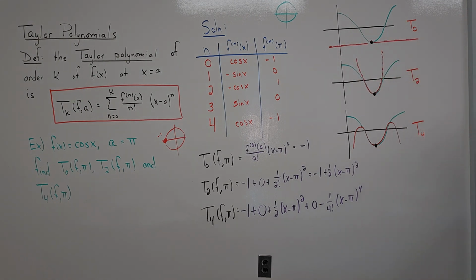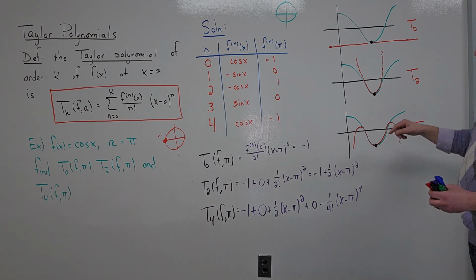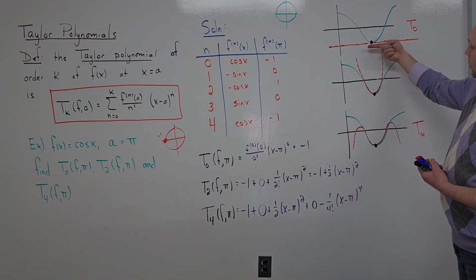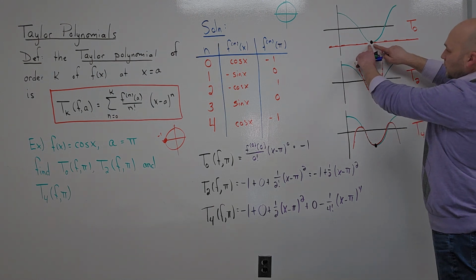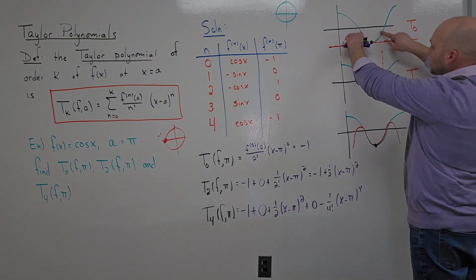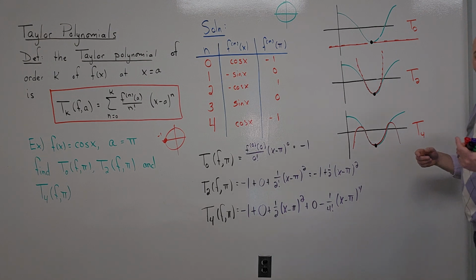So, what do we observe? The Taylor polynomial of order 0 is the tangent line. The Taylor polynomial of order 2 is the best quadratic approximation. The Taylor polynomial of order 4 is the best fourth degree approximation. And you can even see that going from 0 to 2 to 4, these polynomials are essentially starting to wrap themselves around the curve.